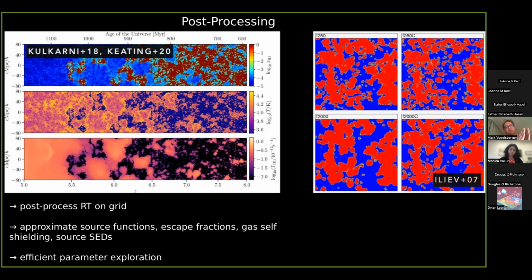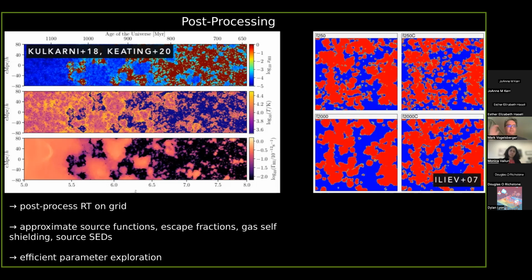If you want a simulation that you evolve all the way to the present day, at sufficient volumes and sufficient resolution, it's computationally not feasible to do this with full radiative transfer. So all these simulations use a very simplistic model for the impact of radiation. Specifically, they assume a uniform radiation field that does not depend on individual sources. It's more like an average radiation field that is then evolved with time.